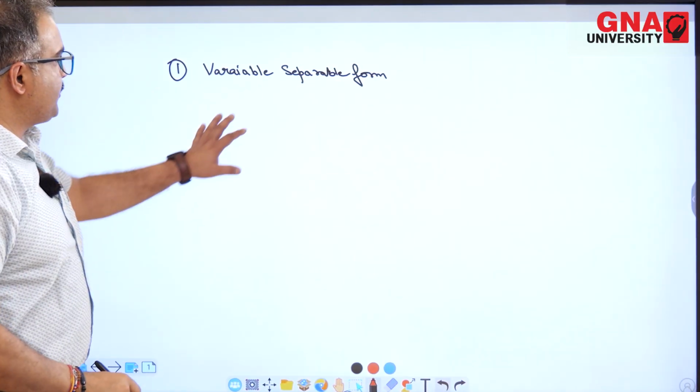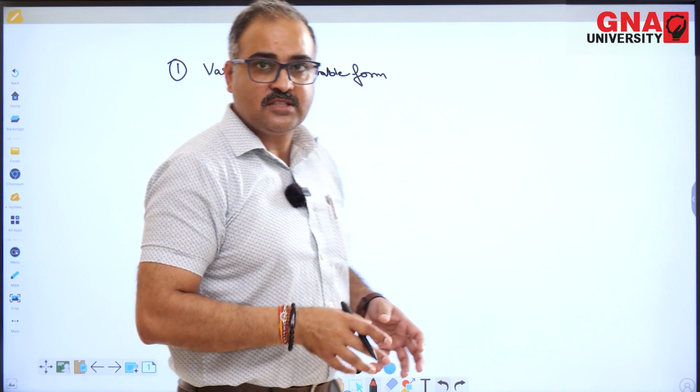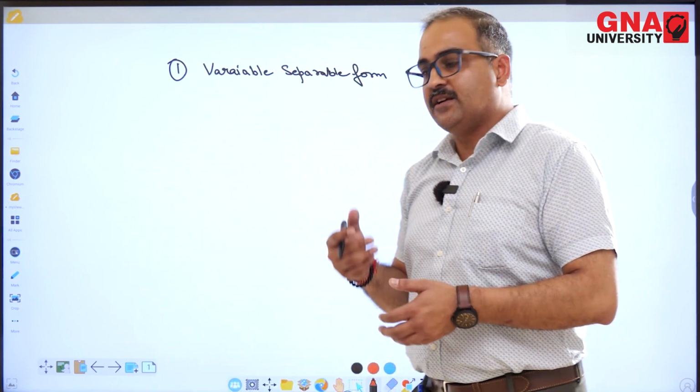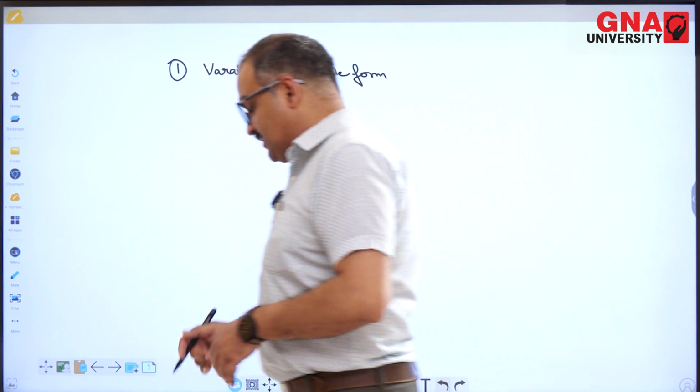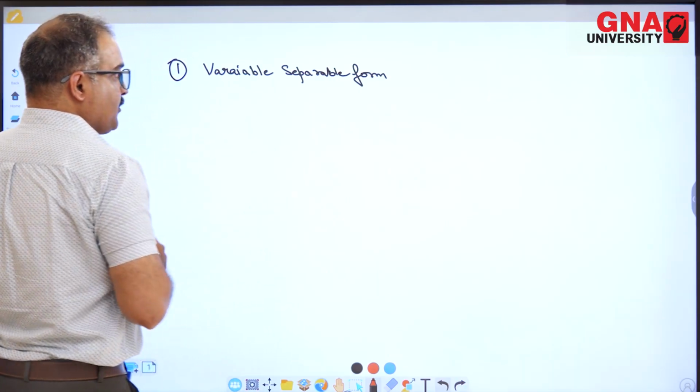So what is the variable separable form? Those differential equations in which we can separate the 2 or 3 variables easily, they are said to be variable separable form.